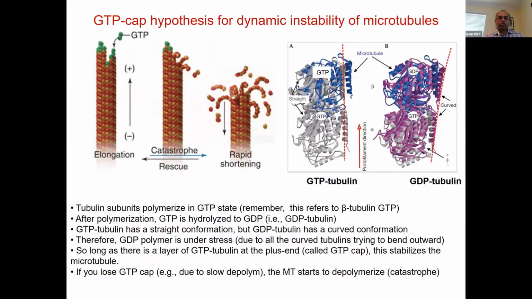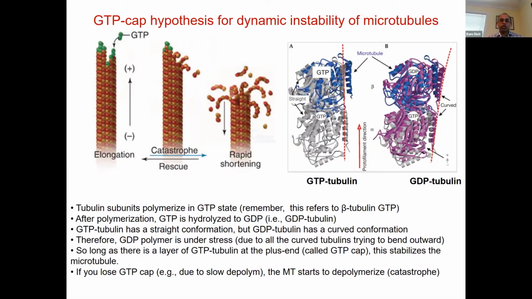And so the GTP cap hypothesis proposes that so long as you have a layer of GTP tubulin at the growing end, or at the plus end, that stabilizes the polymer and keeps it in a growth state.